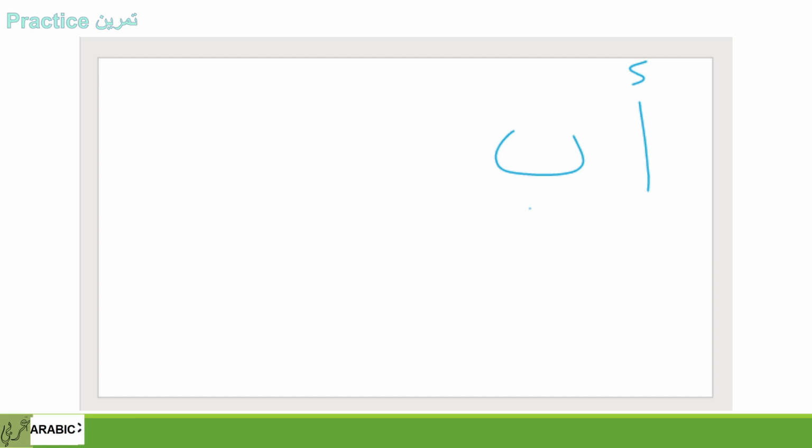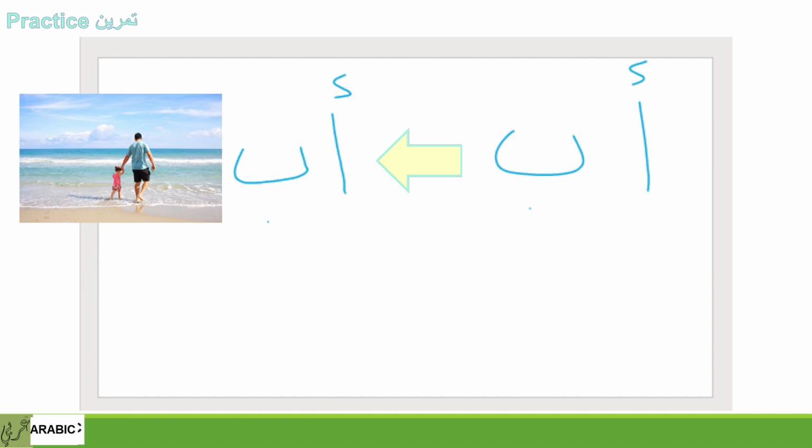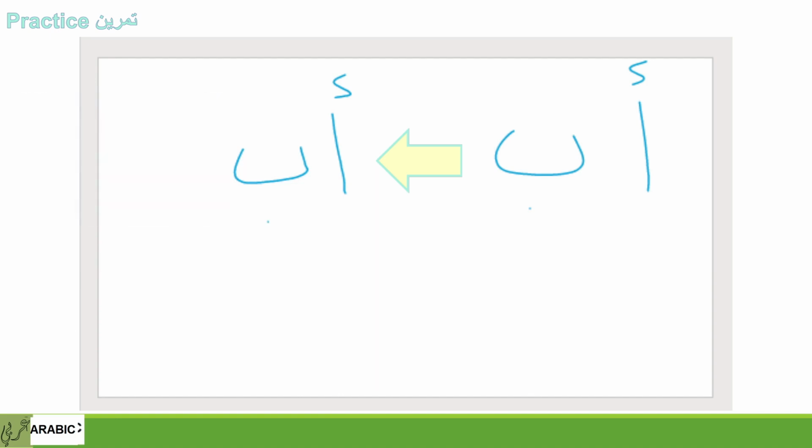So it's going to be alif, hamza, ba, like that. They join together because alif doesn't join to the letter that is on its left side, and the ba is going to be on its own as well. So it's going to keep its full shape. And remember that Arabic is written from right to left.